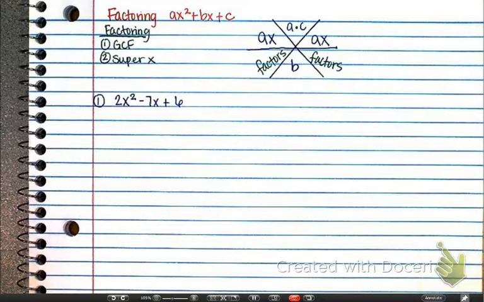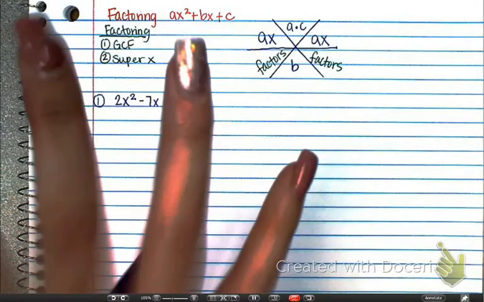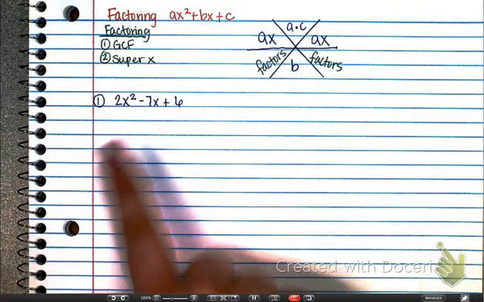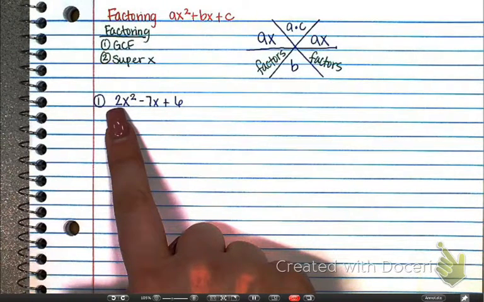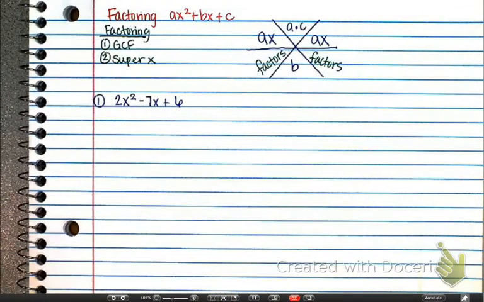So first thing we're going to look for, just because we need to get in the habit of it, is a GCF. Is there a number that goes into 2? And before I even ask you that, if we can make this 1, our life's a whole lot easier, right? We reduce our numbers. But is there a number that goes into 2, -7, and 6? No. Okay, so we can't pull out a GCF, which means we're going straight to the Super X.